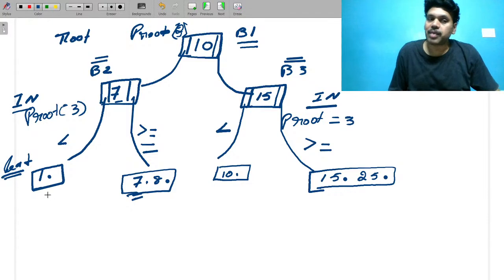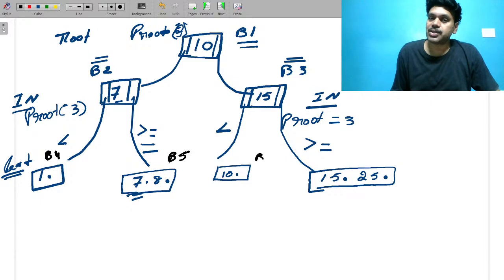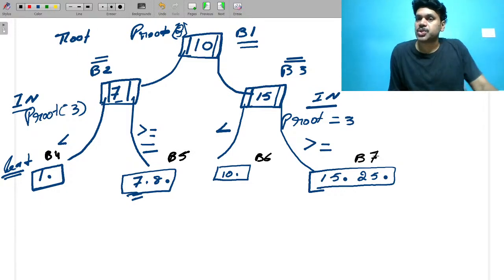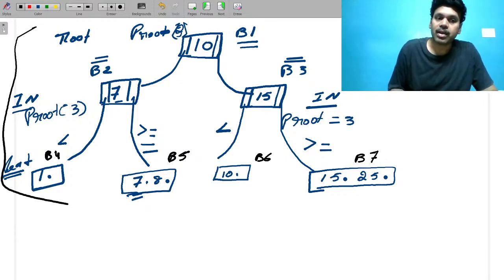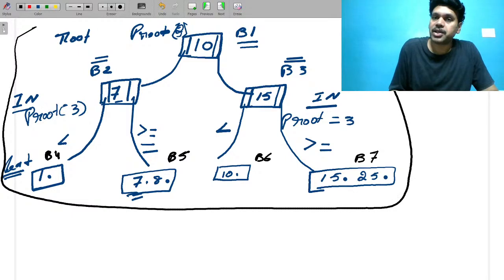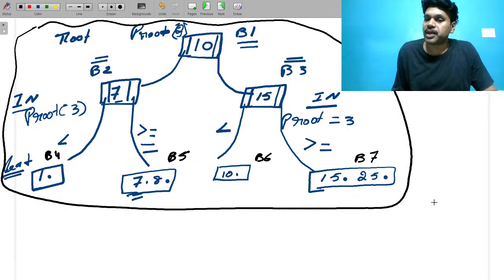So now you observe carefully. This is your block 4. So I am labeling here. This is your block 4. This is your block 5. This is your block 6. This is your block 7. So 7 blocks I took, only for indexing.